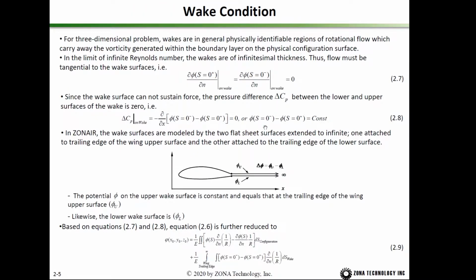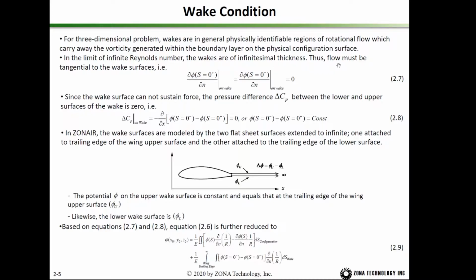And we also have the wake condition. For three-dimensional flow, wakes are in general physically identifiable regions of rotational flow which carry away the vorticity generated within the boundary layer on the physical configuration surface. In the limit of infinite Reynolds number, the wake is of infinitesimal thickness.